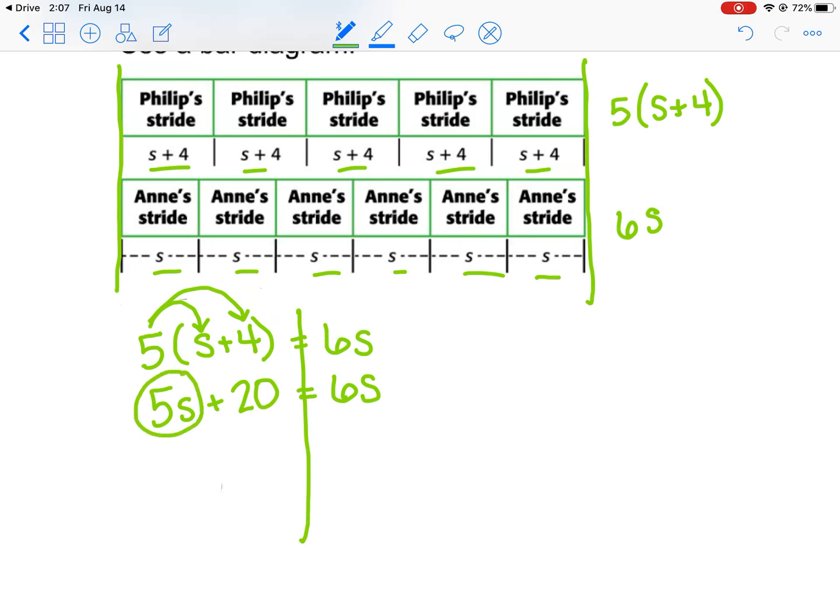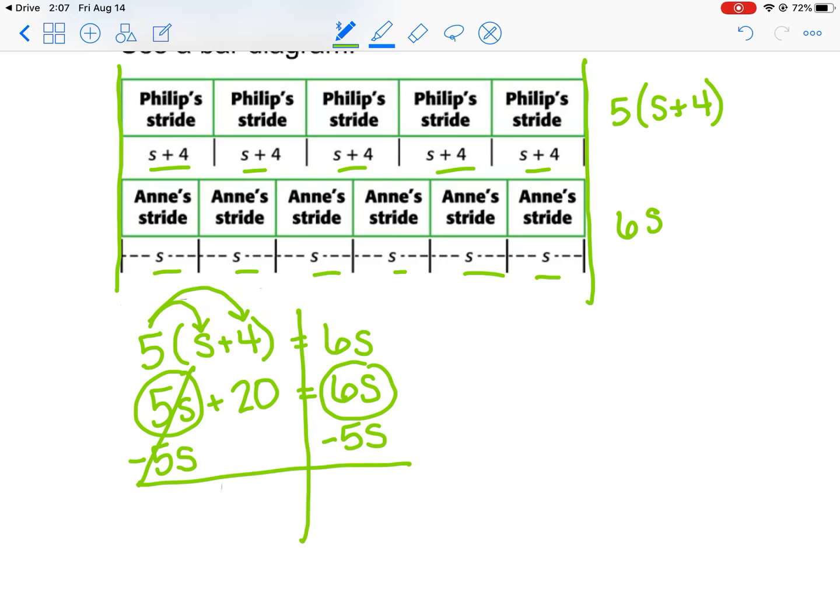Now I want to look at where my variables are, and on this one there is 1 on each side. The 5s is with a plus 20 though, so I want to move the 5s away from that 20. To get rid of 5s, I'm going to subtract 5s from both sides to keep it equal, and that cancels it out over here.